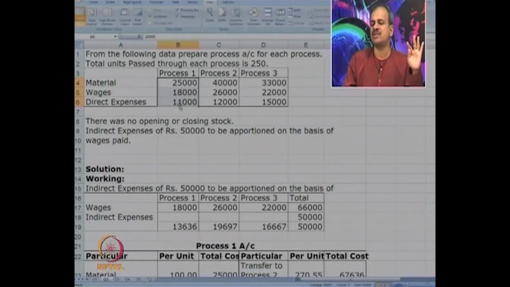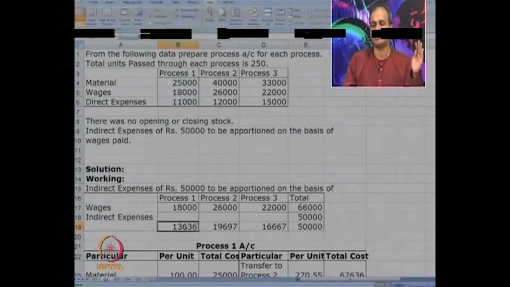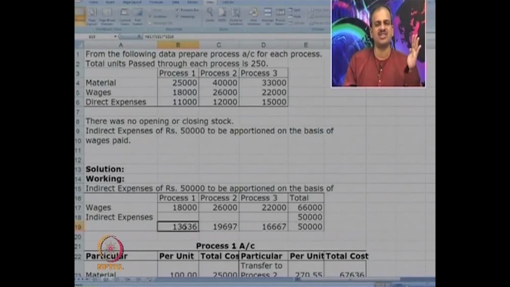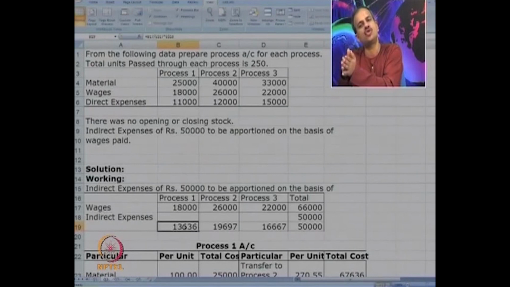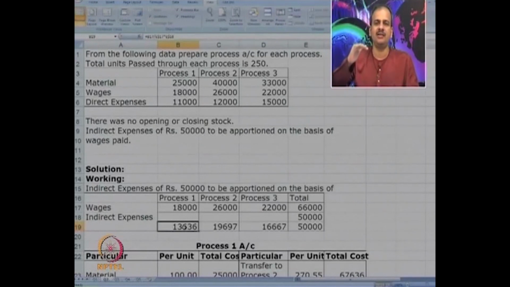So these three amounts plus the indirect expenses calculated for process 1 will be charged to process 1, and on the output side we know that the same 250 units which were entered at process 1 have passed on to process 2, but they are not the same at the phase, because before entering process 1 the material was just a raw material. Now it has gone through process 1, it has slightly gone closer to the finished goods. At the end of process 2 it will go to process 3 and at the end of process 3 it will become finished goods.